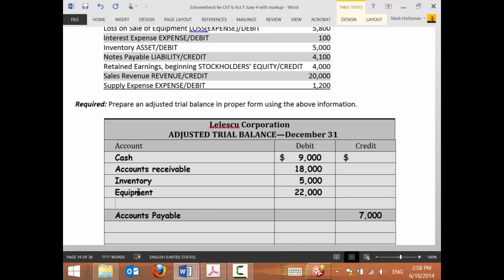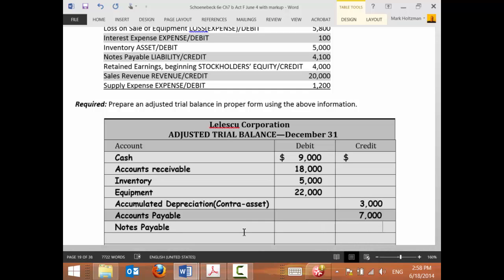And then we have accumulated depreciation, which is a contra asset. Remember that. And that is a $3,000 credit, because accumulated depreciation offsets the asset. Now let's do liabilities. I have accounts payable. Do you see any other liabilities here? Notes payable, right?